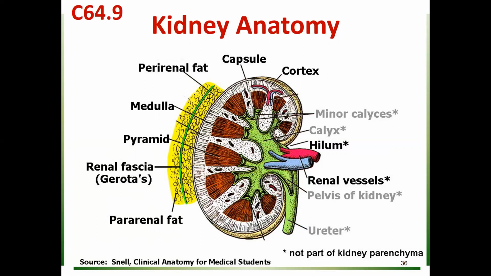And then shown in yellow, we have the kidney surrounded by perirenal fat, which offers some protection of the kidney. The renal fascia is shown here in the lime green line, specifically named Gerota's fascia. The presence of this fascia noted in the path report will be important to document, since it will help indicate that a radical nephrectomy was done, and we'll point that out when we go over the surgical treatment codes in the kidney schema.